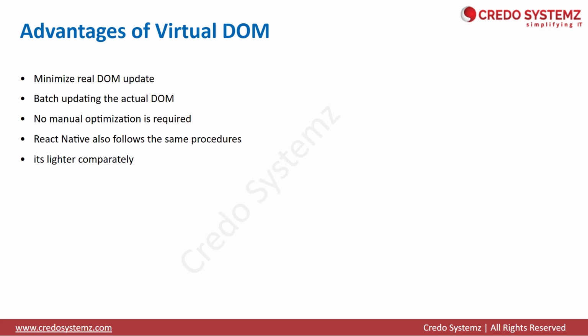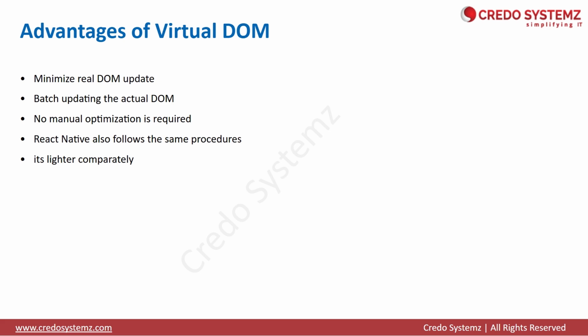Once the changes are applied on the virtual DOM, with the help of the diffing algorithm, React compares the virtual DOM with the actual DOM and does a batch update of changes from the virtual DOM to the actual DOM. Because of this functionality, the number of re-renders is reduced, and because of that React is able to provide better performance.